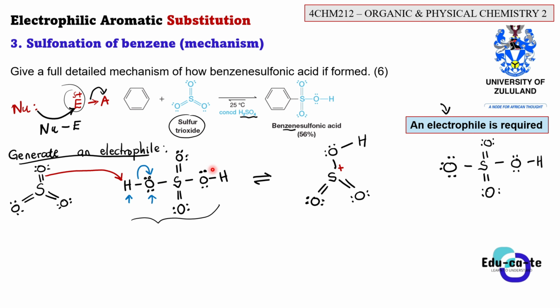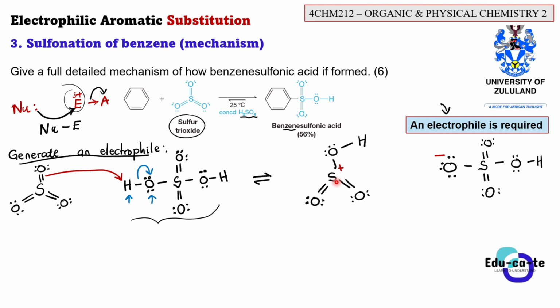So this oxygen is now having an extra lone pair. So that will make it negatively charged. It will acquire a negative formal charge. So now we're having HSO4 minus. So you can see that this is kind of electrophilic, right? Because now we're having a positively charged sulfur. That's an electrophile, because remember that the whole purpose of this step that we've taken here is to generate an electrophile.